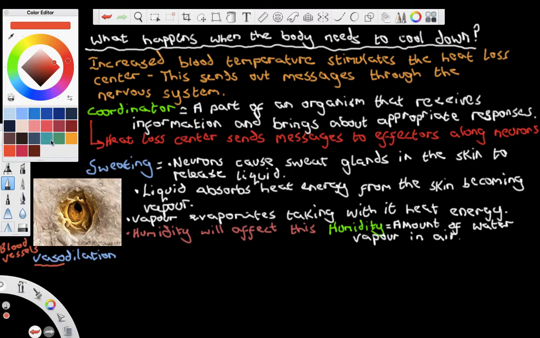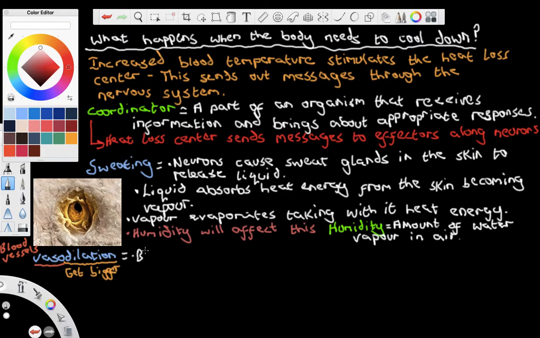So vaso means blood vessels, whilst dilation means to get bigger, or get wider. Okay? So vasodilation is when blood vessels near the surface of the skin widen.